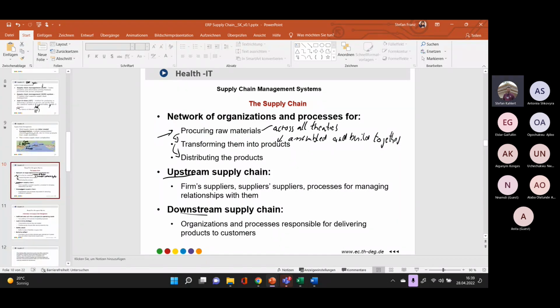But the way is different. Upstream is from the product assembling to the client, and here it's the other way around, from a client's certain request which will lead to a product build.